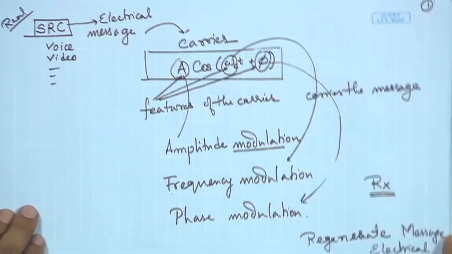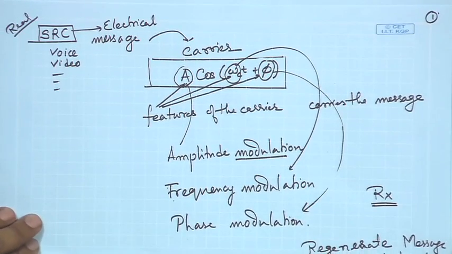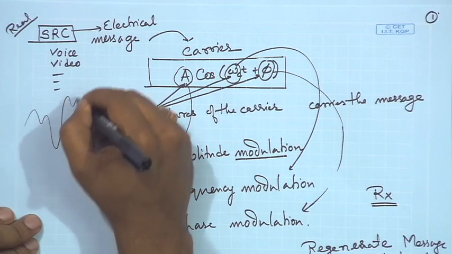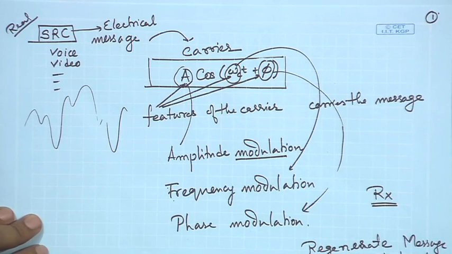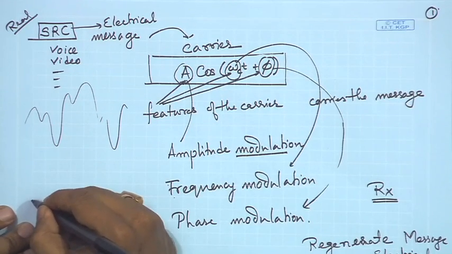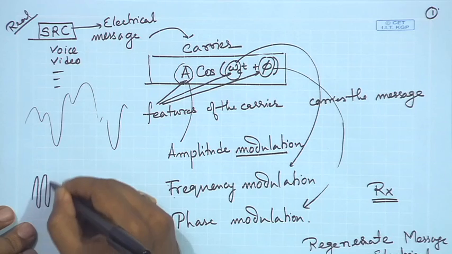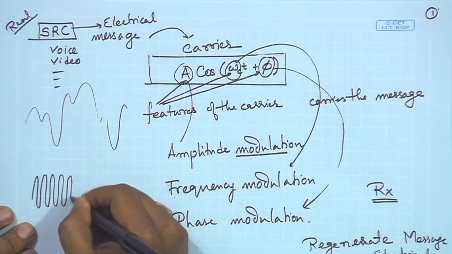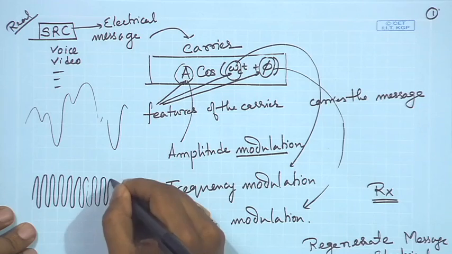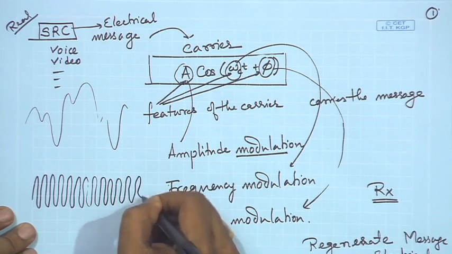And typically our message, this electrical signal, could take a shape like this, a continuous variation, and the carrier, as you can clearly see over here, has a much higher frequency compared to the speed at which the message varies.